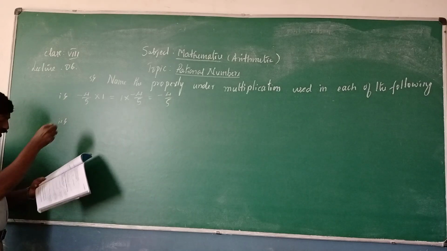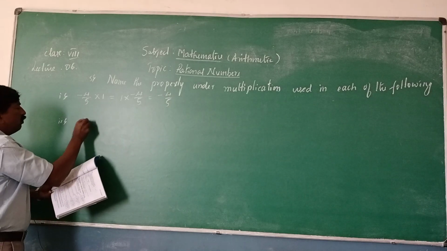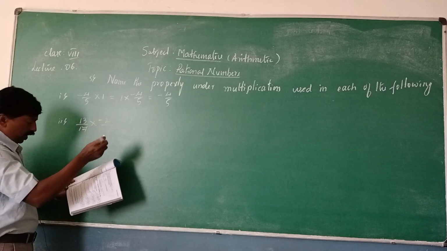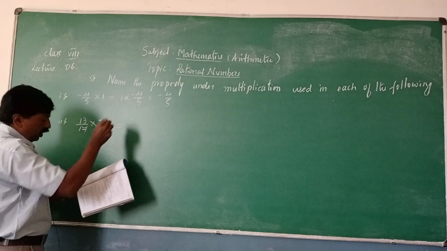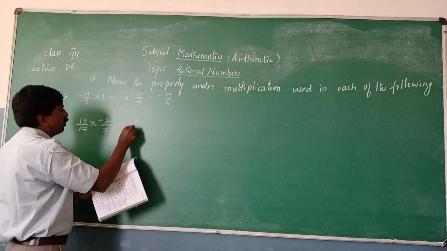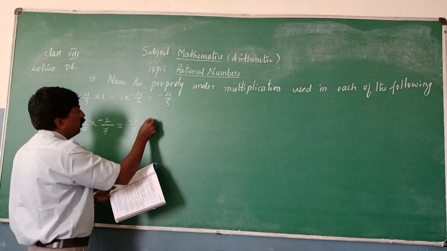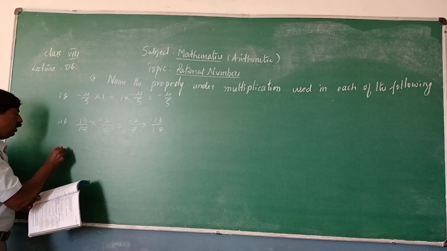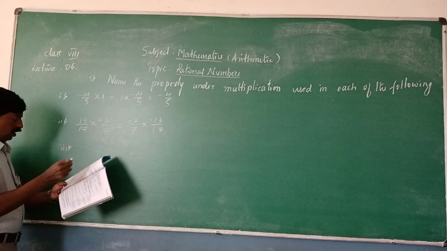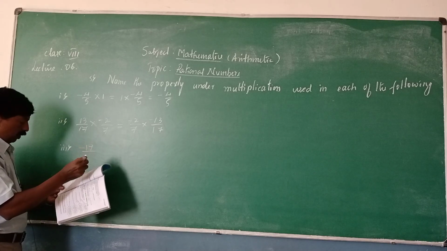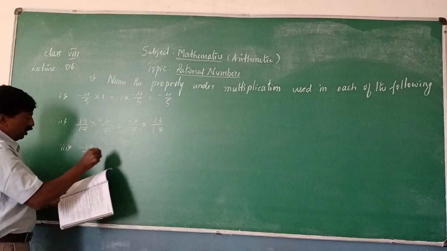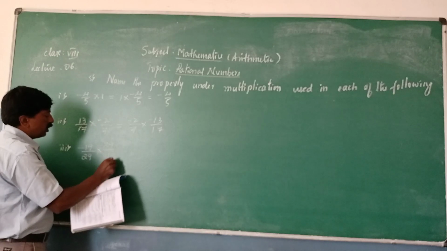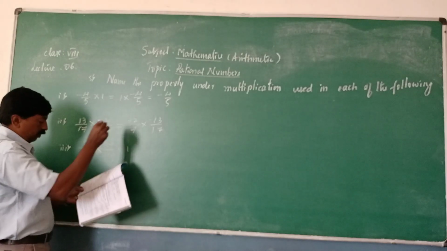The second question: 13 by 70 into minus 2 by 7 is equal to minus 2 by 7 into minus 13 by 17. And the third question: minus 19 by 29 into 29 by minus 19 is equal to 1.